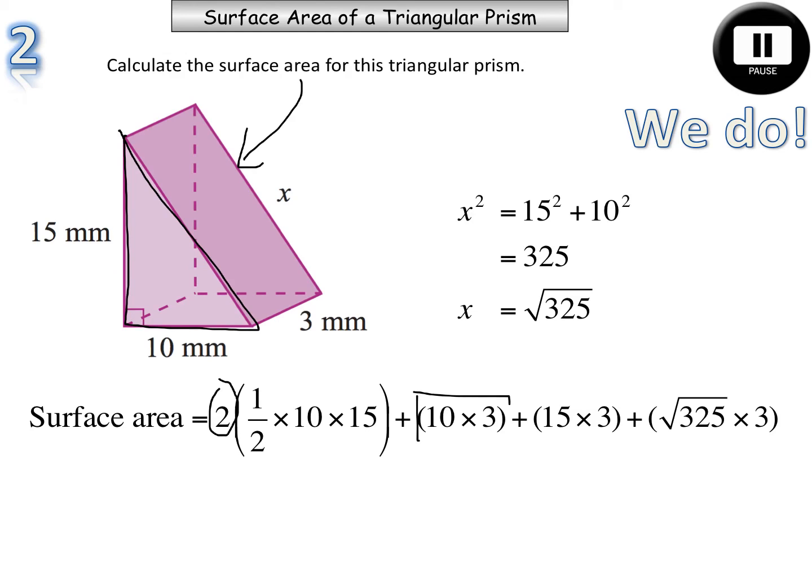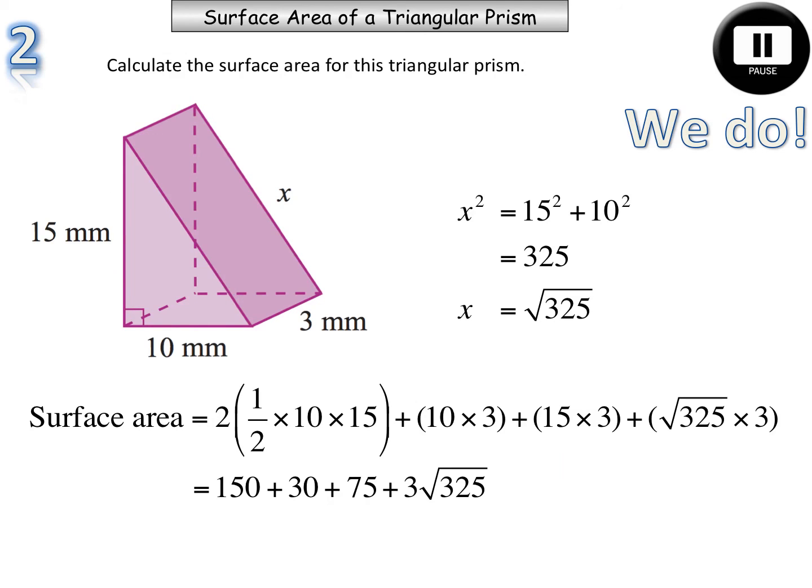There's the base. 15 times 3 is that rectangle at the back. And the rectangle on the top here is 3 multiplied by x, and we calculated x using Pythagoras' theorem.